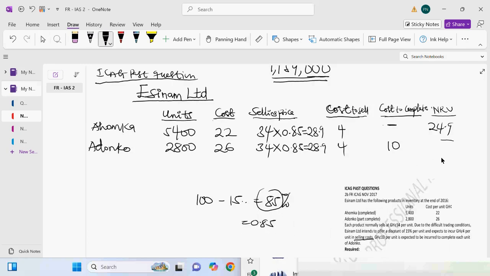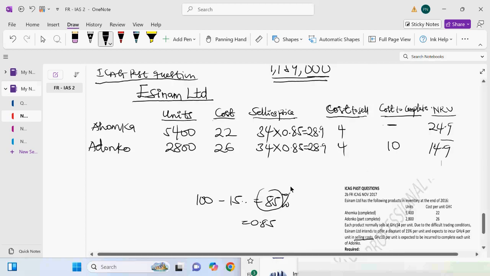So what do we get for the Adonko also? 14.9. Now we have cost and then we have a net realizable value. So which one do we choose? It's like the first one that we saw.